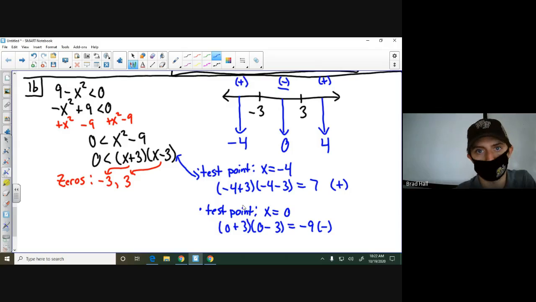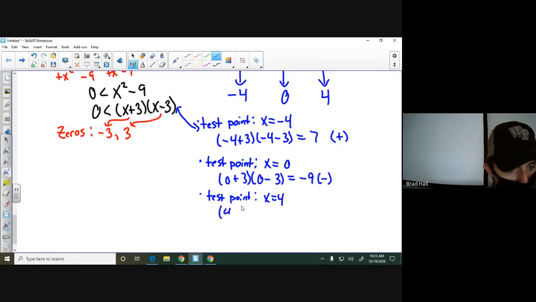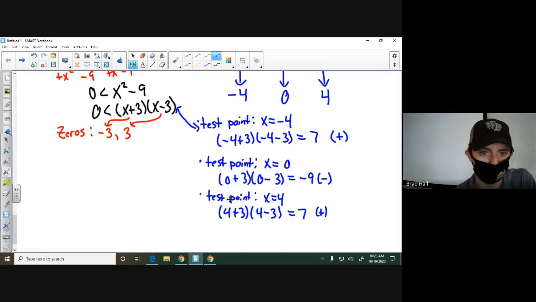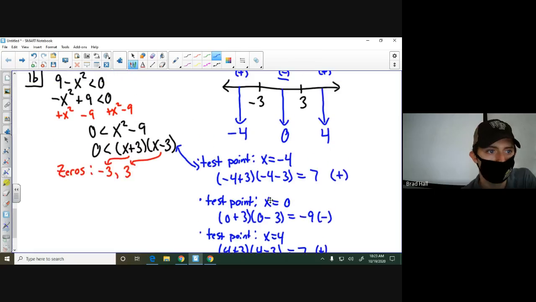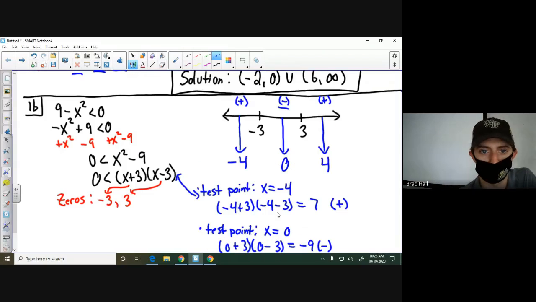And then finally, the test point of 4. So it's 4 plus 3, 4 minus 3, which is simply 7.